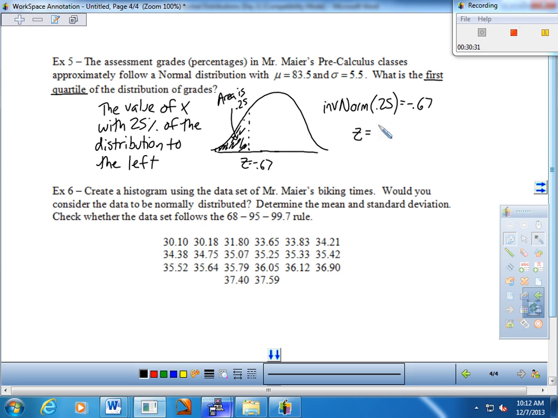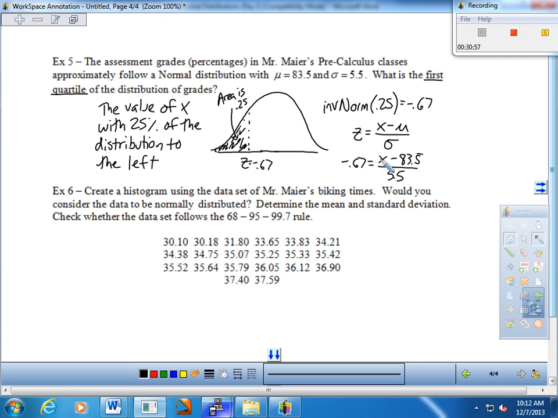The z-score is the observation minus mu over sigma. Well, what's the only thing that's missing here, guys? The observation. So in this case, let's put in the z-score. What was the mean? 83.5. Standard deviation was 5.5.